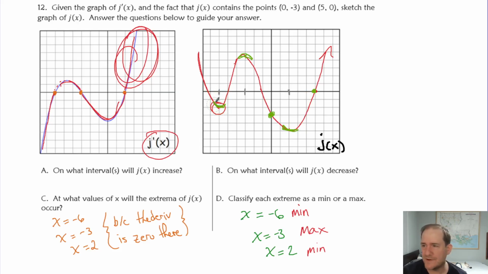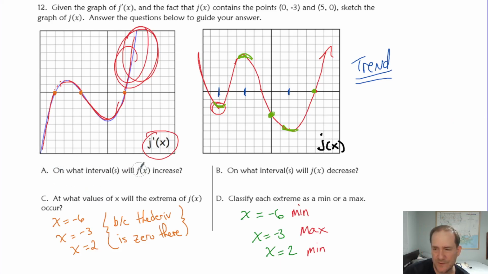No, it doesn't need to be. It could have been lower. It could have been higher. It doesn't matter. All I need is for you to have the right trend. And trend means the graph decreases when it ought to decrease, and it increases when it ought to increase. And all the important points are at the right x values. So this is fine.